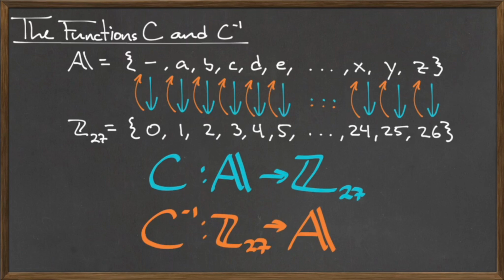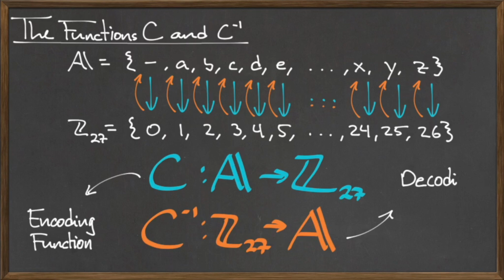So, 26 is sent to the letter Z, 25 is sent to the letter Y, 24 is sent to the letter X, and so on, with 1 being sent to the letter A. Finally, we send 0 to the character space. When performing your first few examples with this encoding and decoding function pair, it may be helpful to list the elements in each set and draw arrows between them to avoid errors in computation.